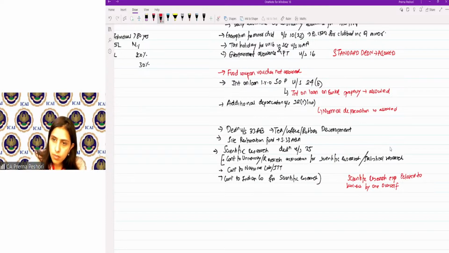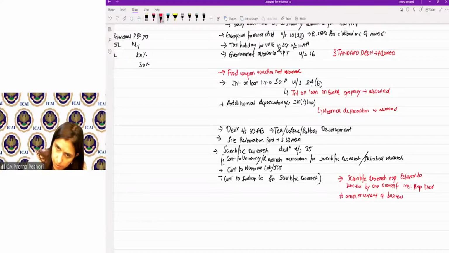So scientific research expense related to the business, including the expenditure prior to commencement of business.